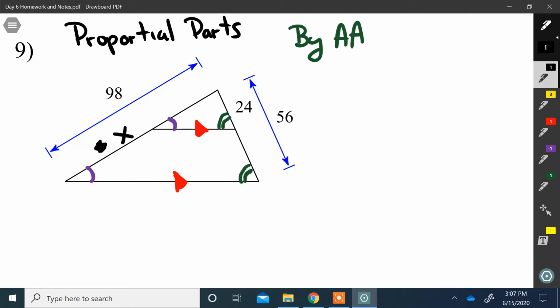All right. Okay, so here's what we're going to do. We're going to have what we call proportional parts. Let me pull something up here. Okay, so here it is.